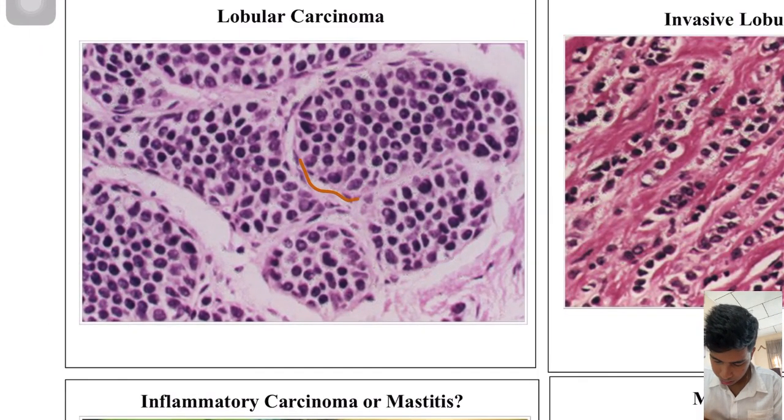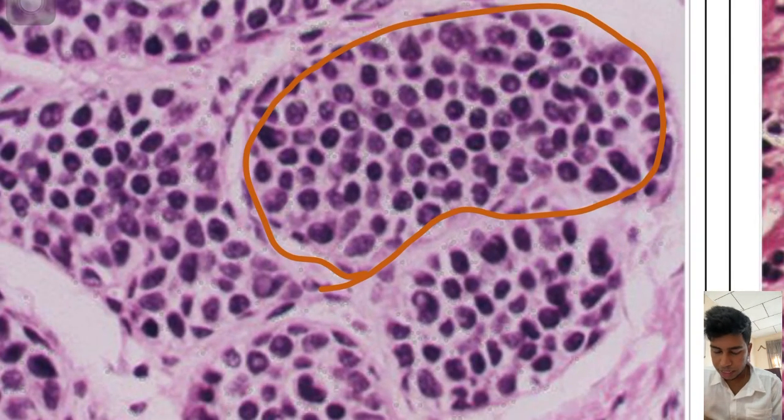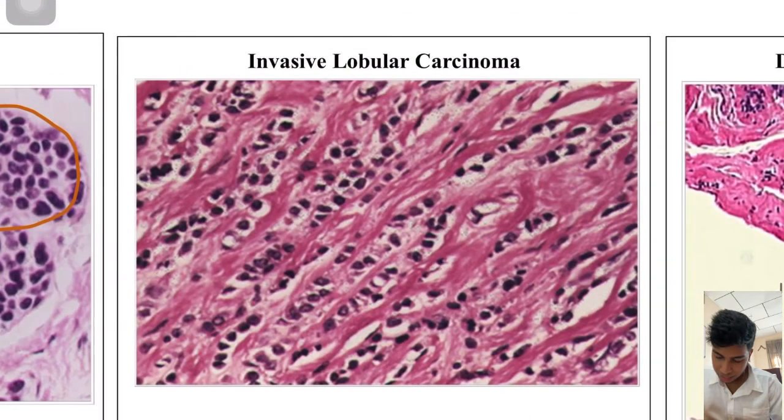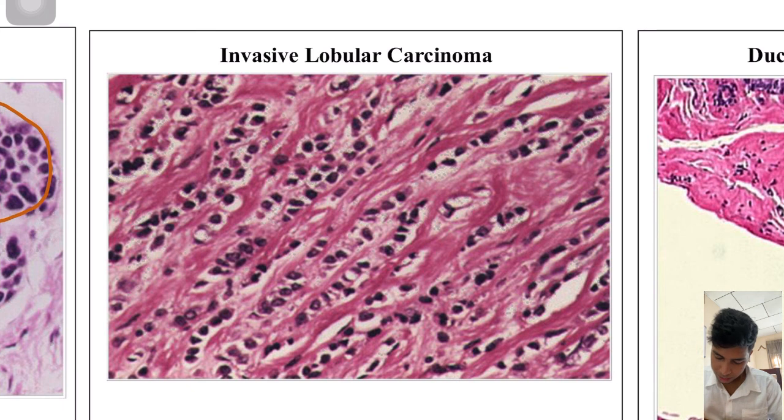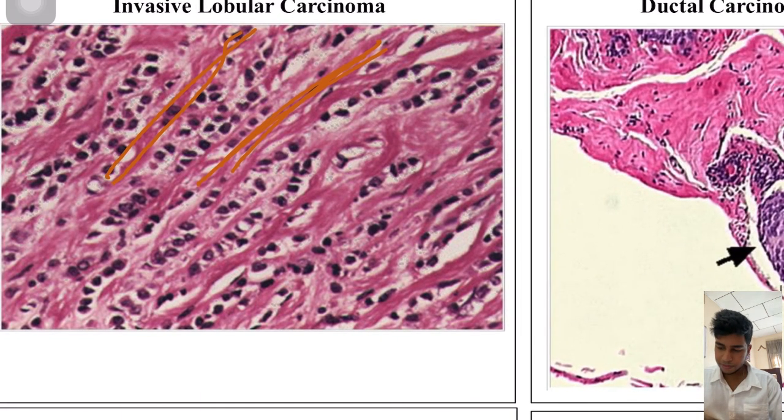Look at this, you can tell it immediately. Here's a lobule, it's full of cells, and if you look carefully, they are not touching each other. There's no communication between each cell. Okay, then we have the invasive lobular carcinoma. Like I said, they grow in a single file between collagen fibers. You can see the collagen, you can see the single file. Okay, and look again, there's no touching.